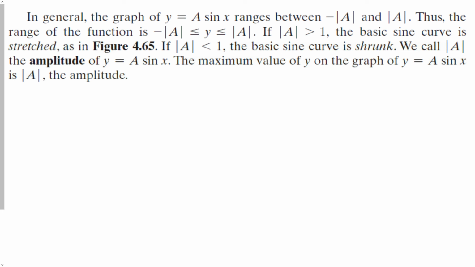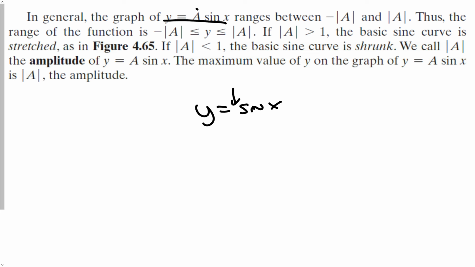In general, the graph of y is equal to a sine x, so now we're putting this first transformation there. The parent function can only travel between -1 and +1, but as soon as I put a number in the front there, it will take that maximum and minimum and multiply them by a.